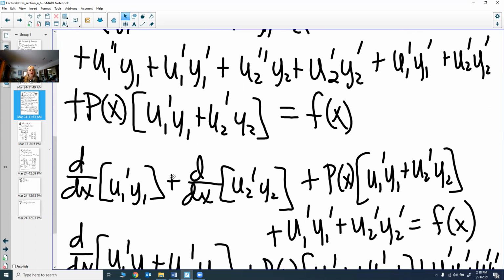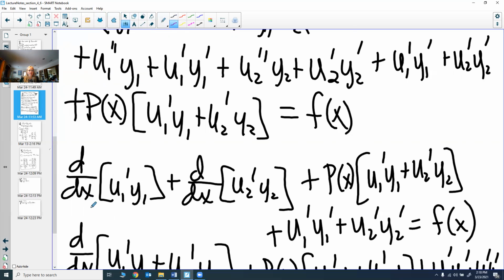And the really cool thing is that the derivative of u1 prime times y1 is u1 double prime times y1 plus u1 prime times y1 prime. That is that derivative. It's just the product rule. And the derivative of u2 prime times y2 is u2 double prime times y2 plus u2 prime times y2 prime. Again, that's just the product rule. So these terms all come out really nicely for us.